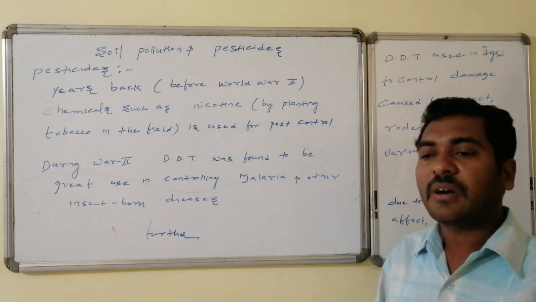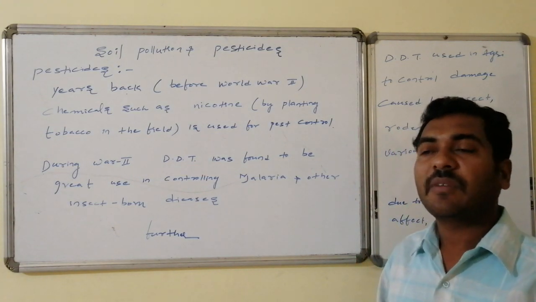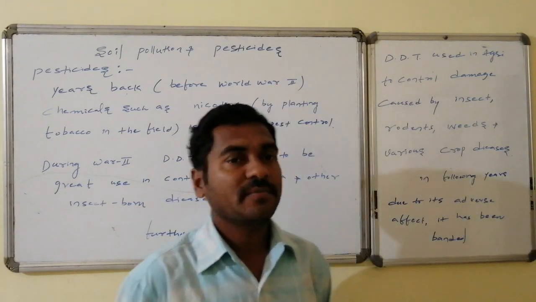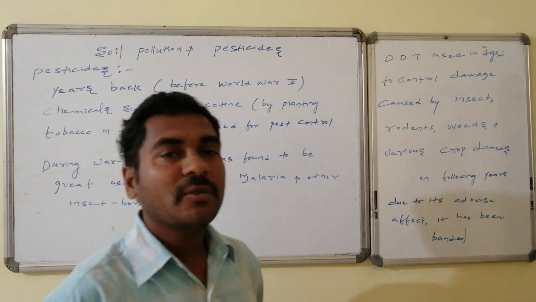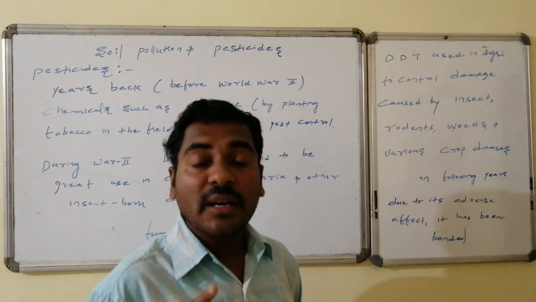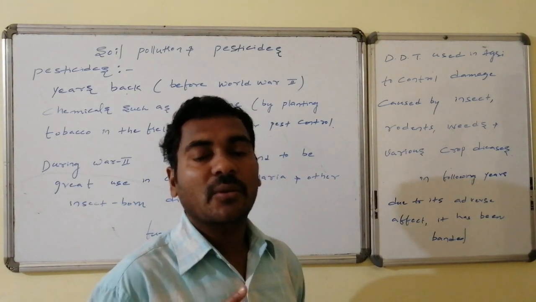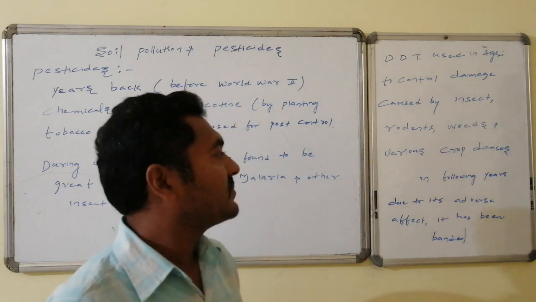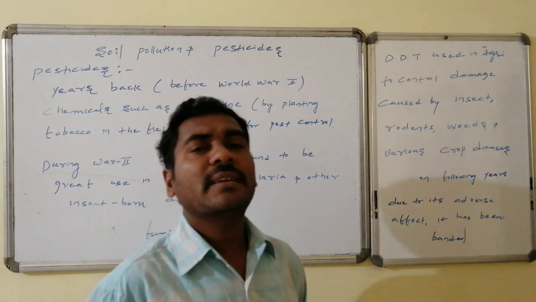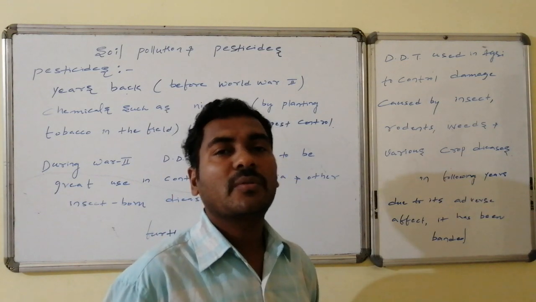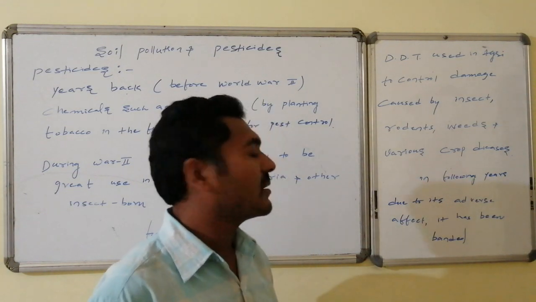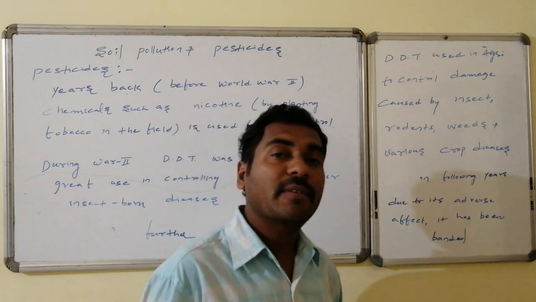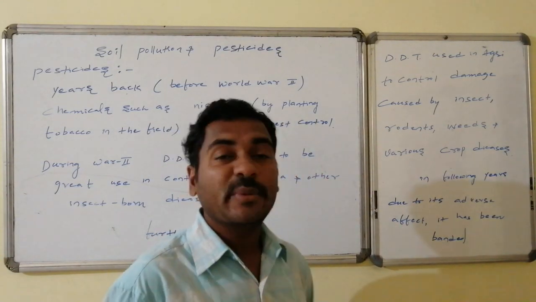So after World War II, DDT was introduced into the agriculture sector. DDT was used to control the damage caused by insects, rodents, weeds and other agricultural diseases. In the following years, the world came to know that DDT has many adverse effects, though for the short range it has good applications, and it has been banned.